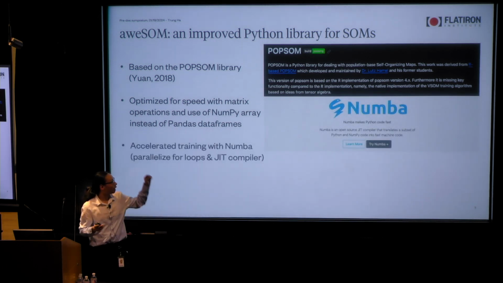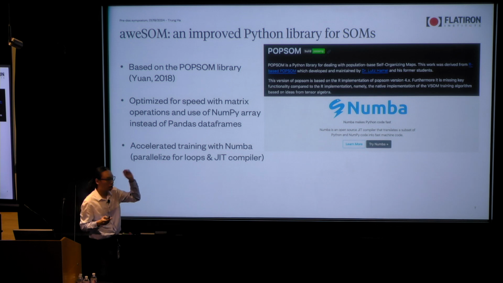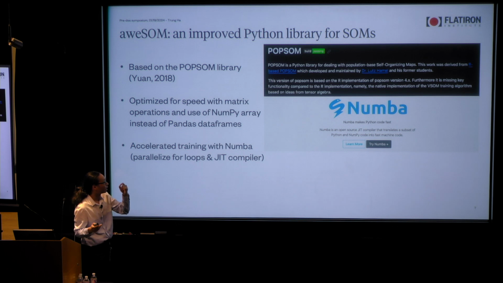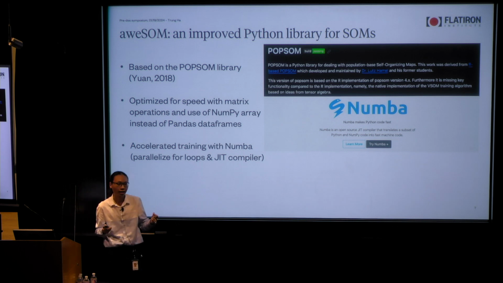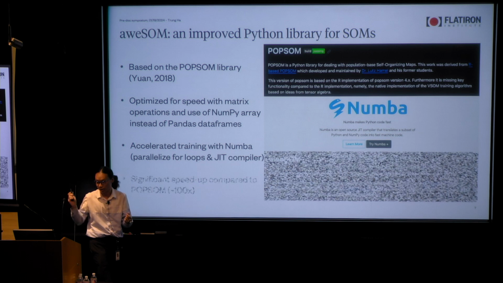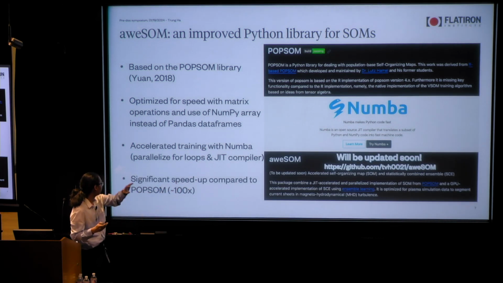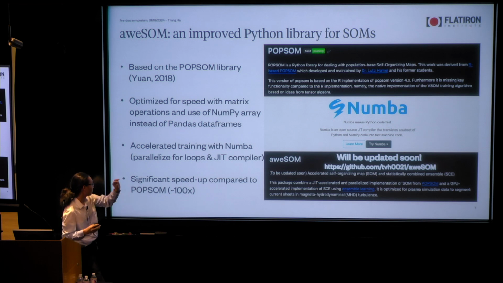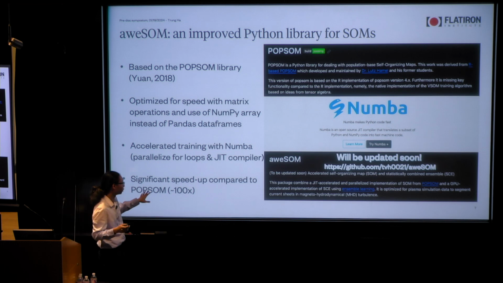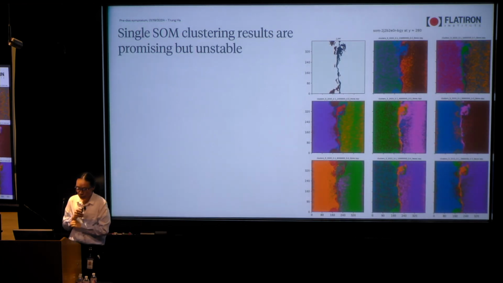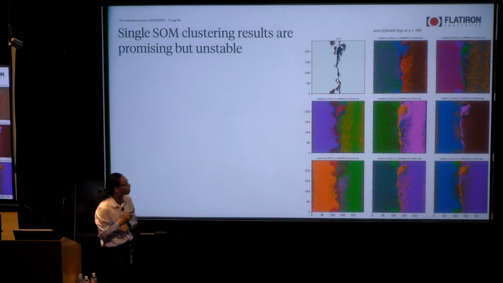And I also accelerated the training with Numba, which is a Python package that automatically allows for parallelization of for loops, as well as a just-in-time compiler to speed up computation. All of that combined gives a significant speedup of Awesome compared to PopSOM, on the order of 100 times. Okay, so what are the results that we have from this experiment?